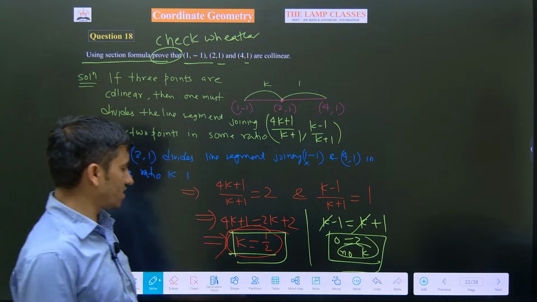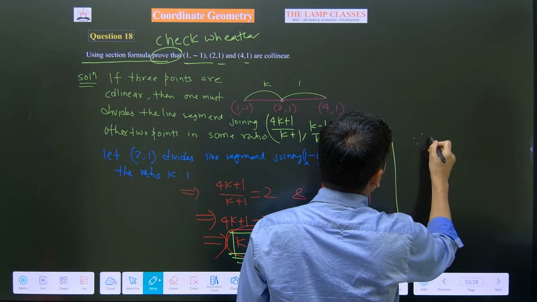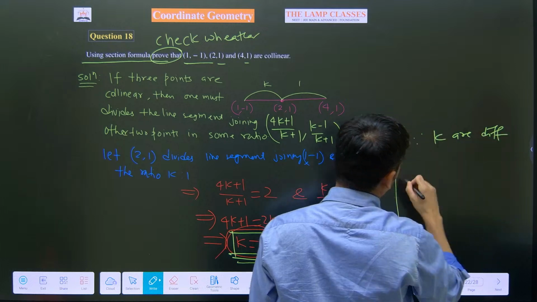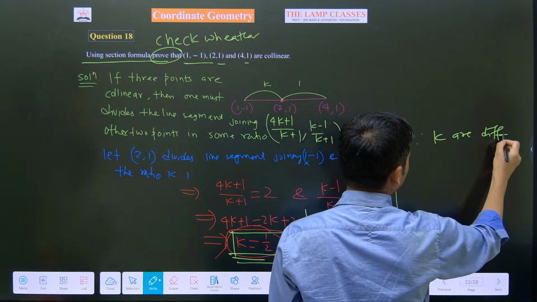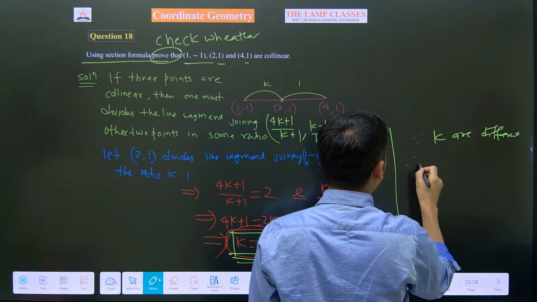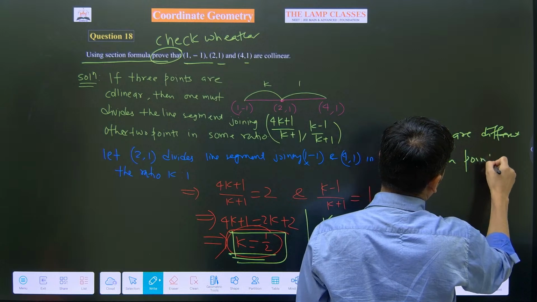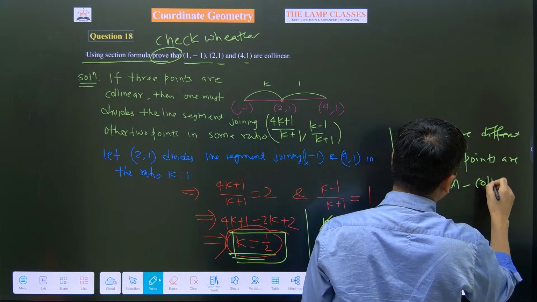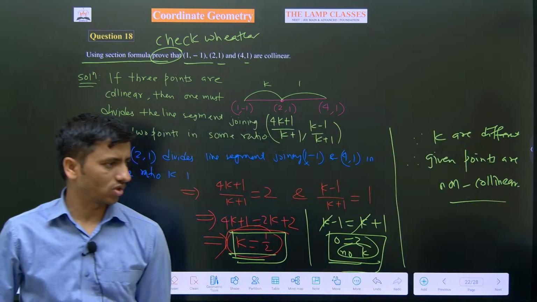So actually now, since we did not get the same k, we'll write: since k is different, therefore the given points are non-collinear. Do you understand the concept, guys?